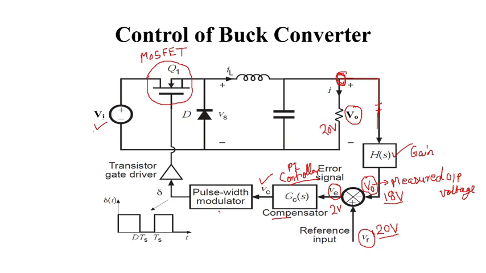And this reference, which we get from the controller, is now going to be supplied to the pulse width modulator. In the pulse width modulation block, we have carrier waves like this. High frequency carrier waves are there, and we are supplying a reference signal.